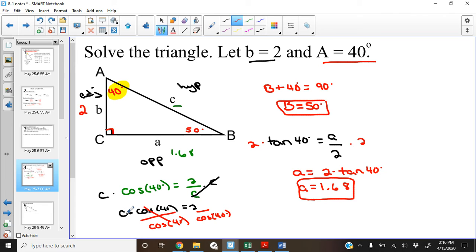So that leaves you with C equals 2 divided by cosine of 40 degrees. And I'll spare you since my calculator on my computer doesn't like to work when I'm plugged in. But when you type that in, you get that C equals 2.61.